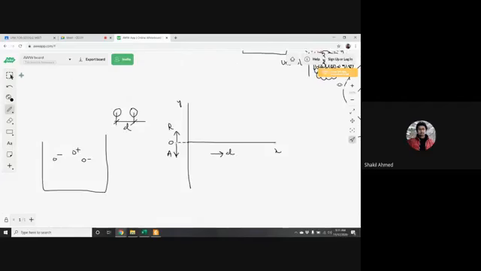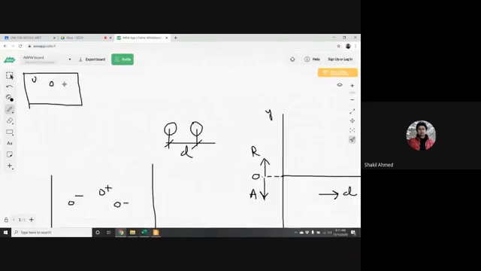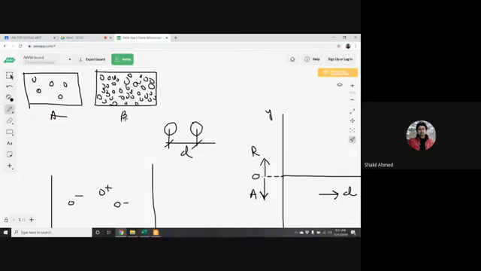Now, in a room, if you have 10 people, say 5 people, and in the same size room, if you have 1,000 people, in which room will the particles be closer, A or B?